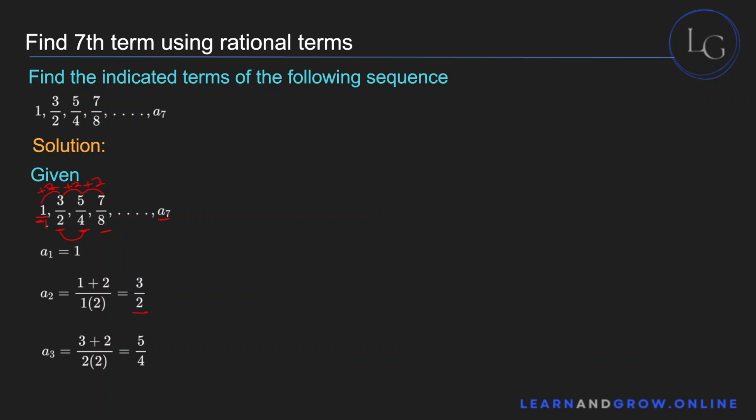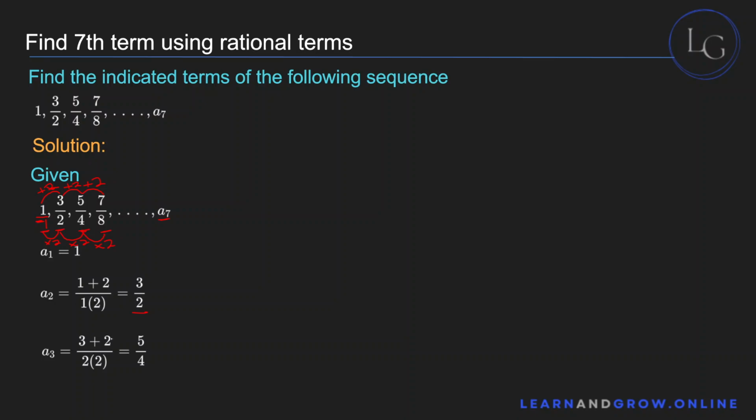To go from 1 to 2, you multiply it by 2. 2 will be multiplied by 2 to give you 4. 4 will be multiplied by 2 to give you 8. So the denominator is being multiplied by 2, and the numerator is being added by 2.